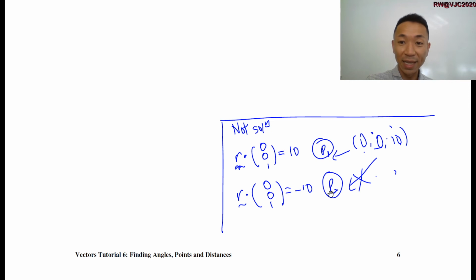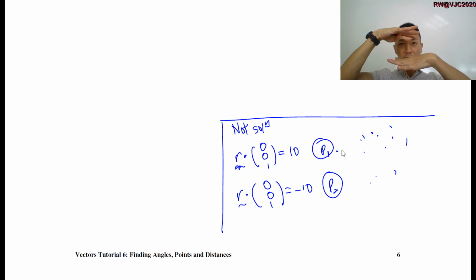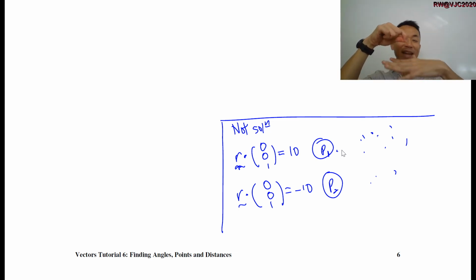And yet, the distance from the origin to the two parallel planes, look at camera now, the distance between the origin and P1 is 10, the distance between origin and P2 is also 10, and they have the same normal, and they're parallel.